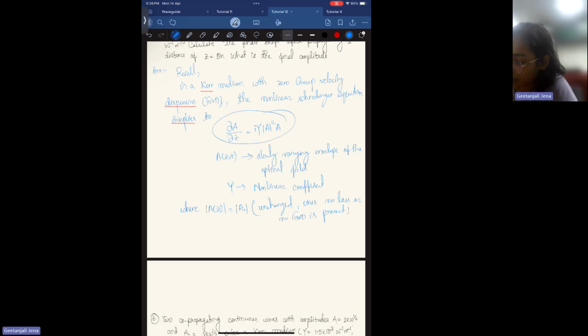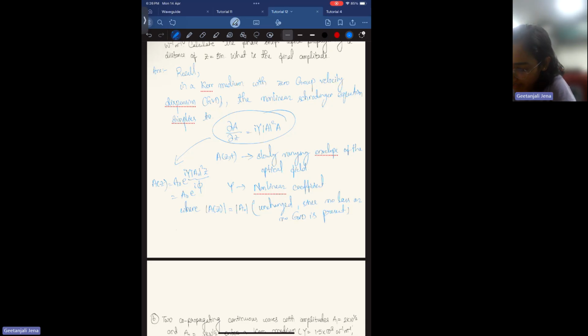For this we have seen a solution like A(z) is A0 e^(i gamma A0² z). This is nothing but the phase, the imaginary part of the exponential. So after propagation, A0 will remain as it is.